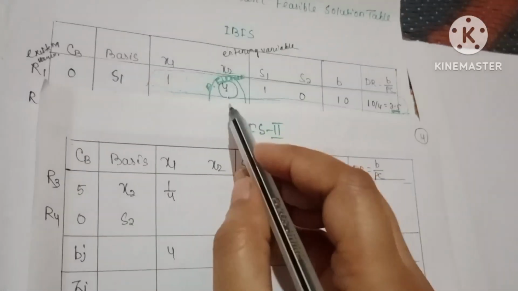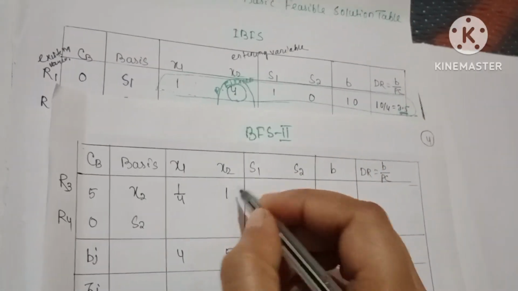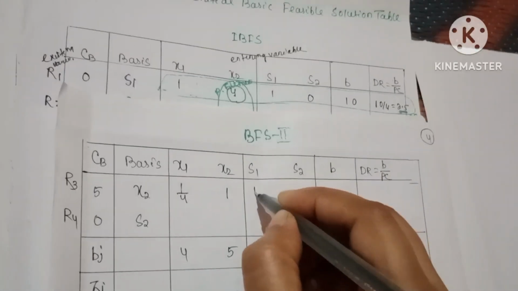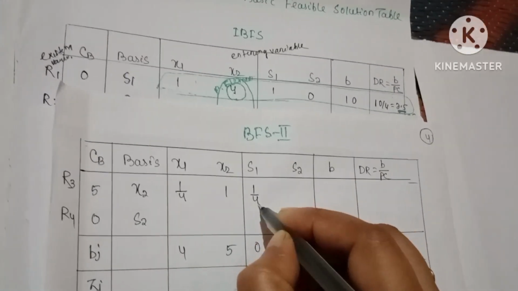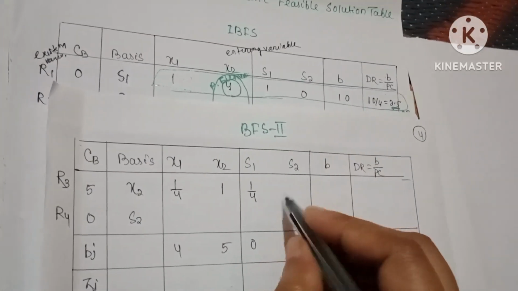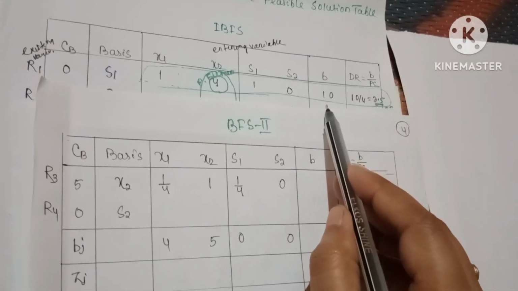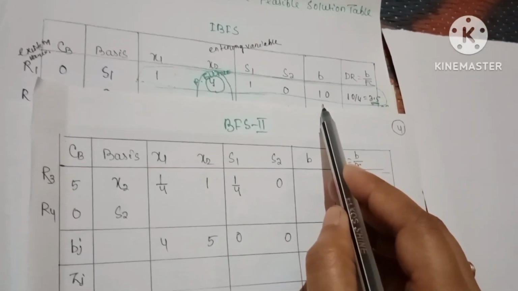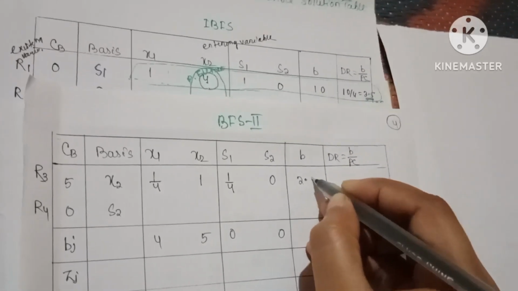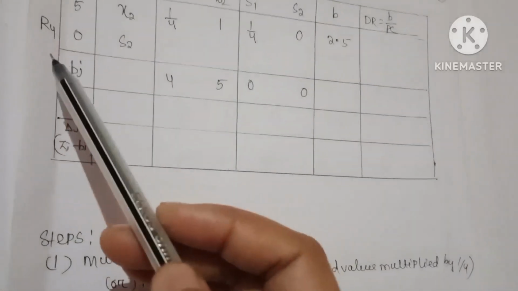Then 4 into 1 by 4 becomes 1. Then 1 into 1 by 4 again becomes 1 by 4. Then next 0 into 1 by 4 equals 0. Then here 10 multiplied by 1 by 4 equals 2.5.